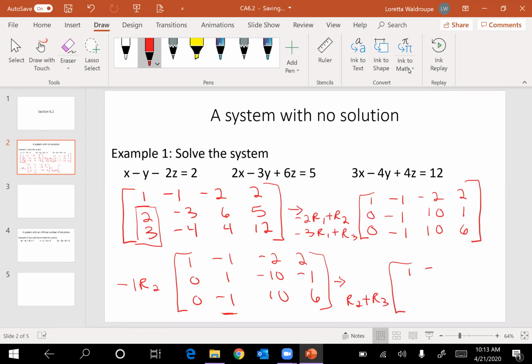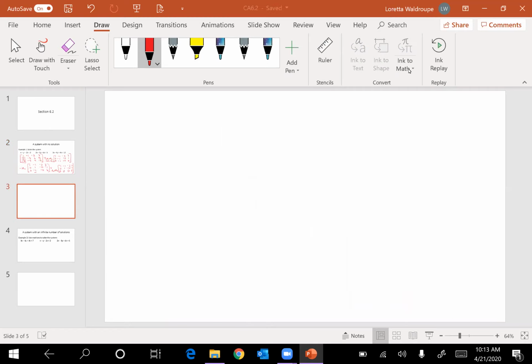So 1, negative 1, negative 2, 2; 0, 1, negative 10, negative 1. So 0 plus 0, 1 plus negative 1, negative 10 plus 10, and negative 1 plus 6. So let's transpose that over here.